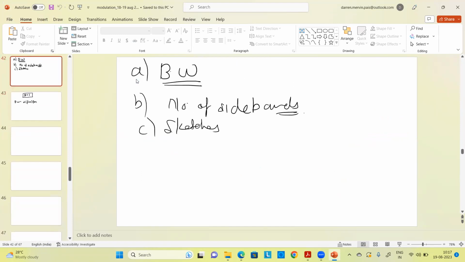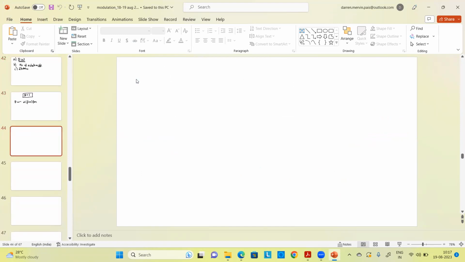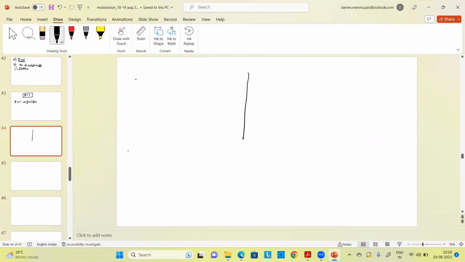So the next point is to find out the sketch. How do you find out the sketch? What was the number of positive sidebands, Jerry? It was 2, right? Yes. So we have fc. What does the equation say?